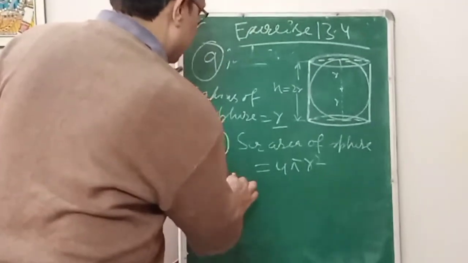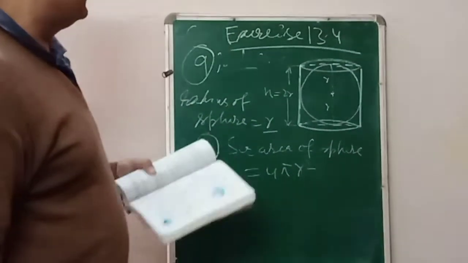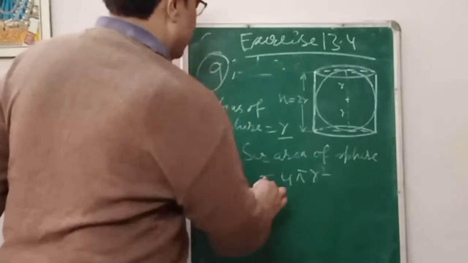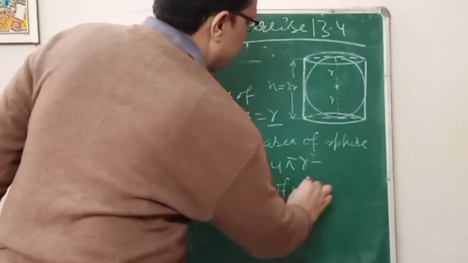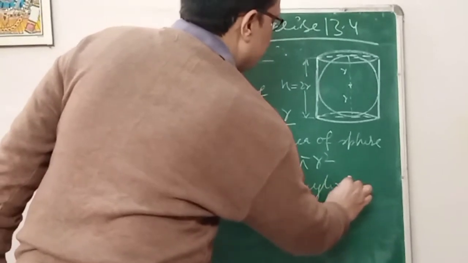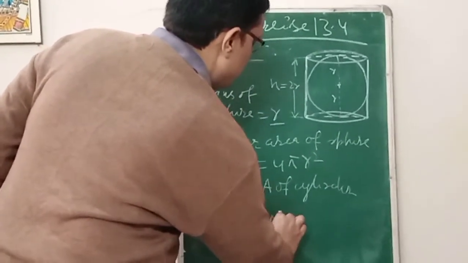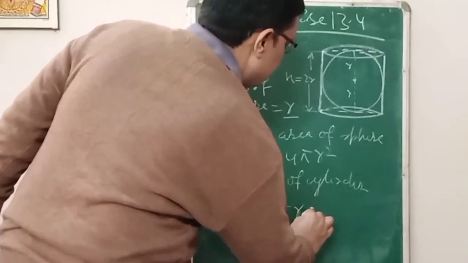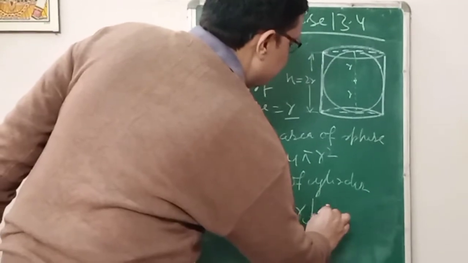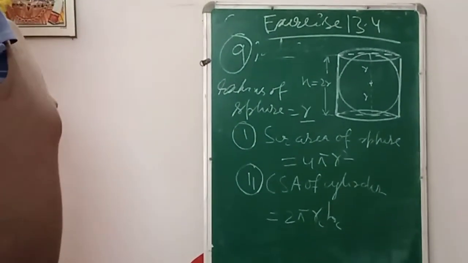Now the second part. Curved surface area of the cylinder, CSA of cylinder. CSA of the cylinder is 2 pi r into h. I am writing the subscript cylinder so that it doesn't confuse.